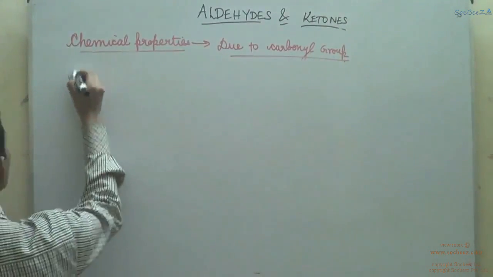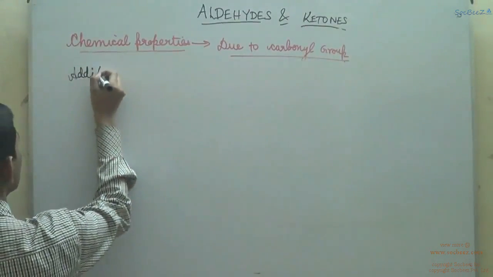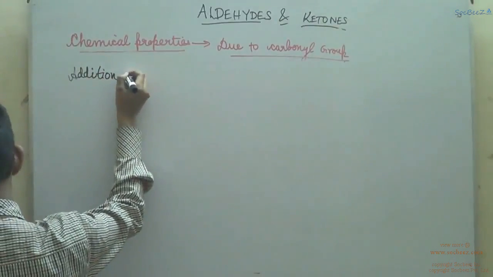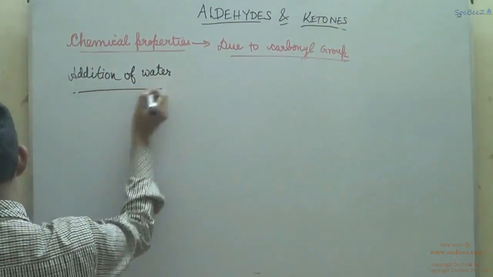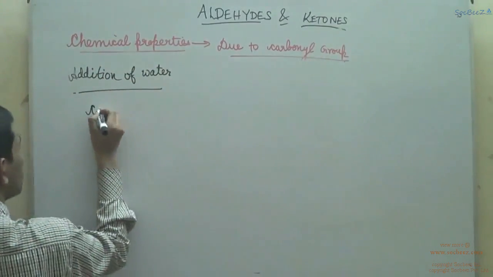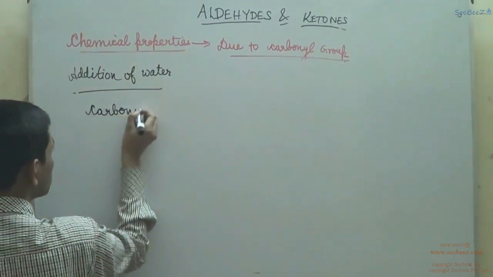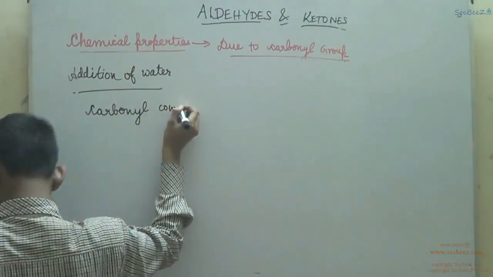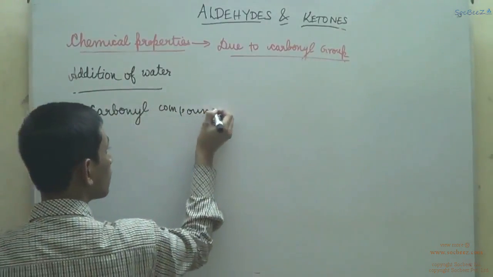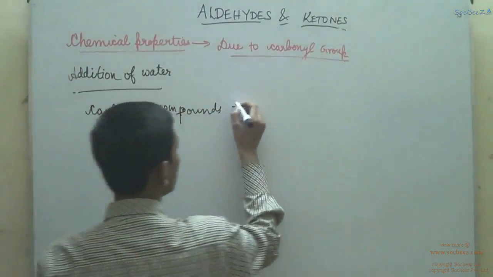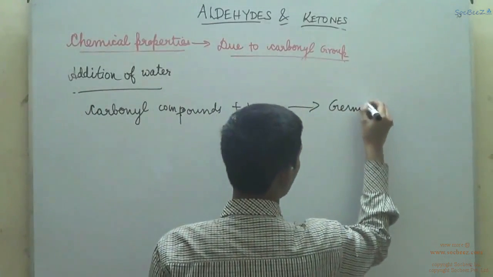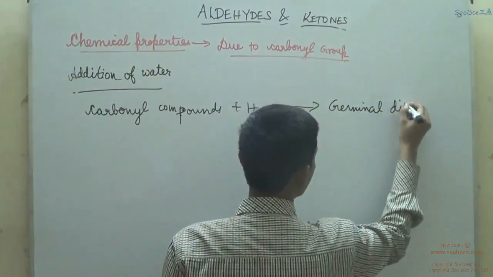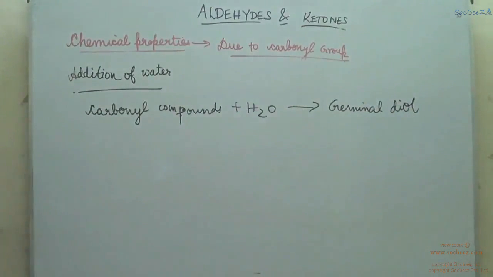Next reaction, addition with water. So if you have carbonyl compounds and you add water to them, basically you get geminal diols as the product. Geminal diol means 2 OH groups attached on the same carbon.